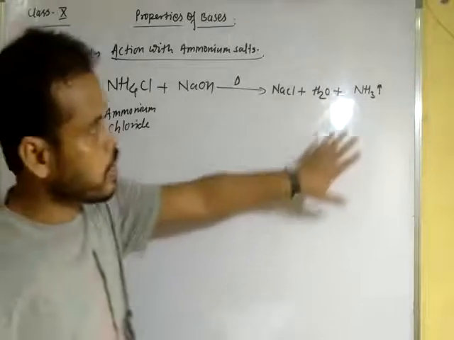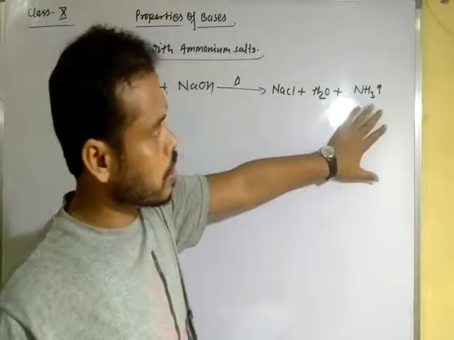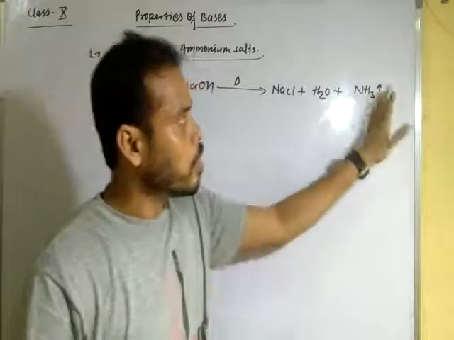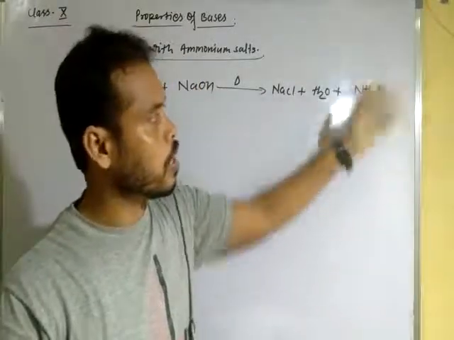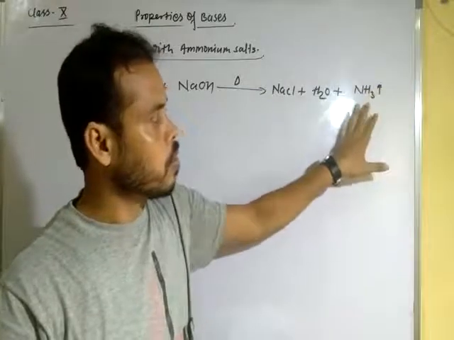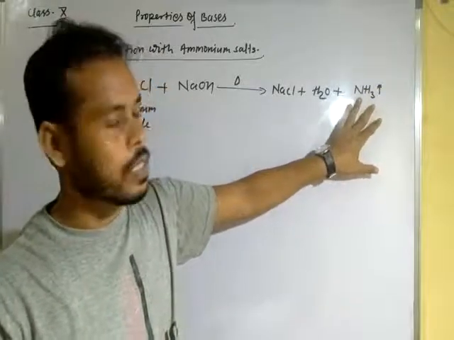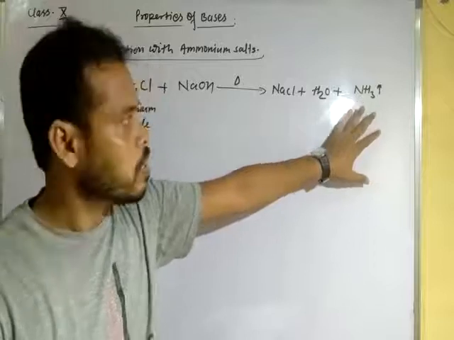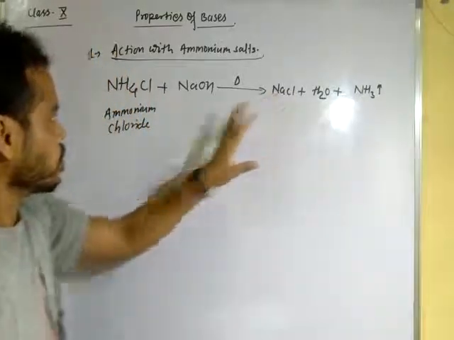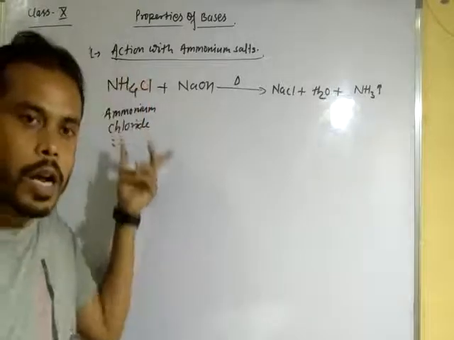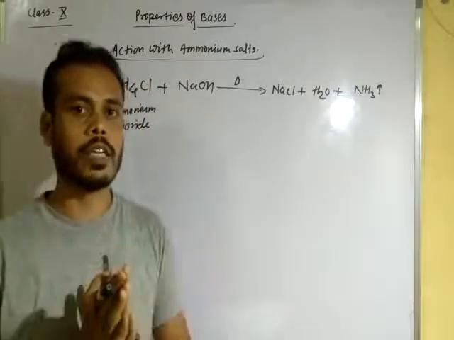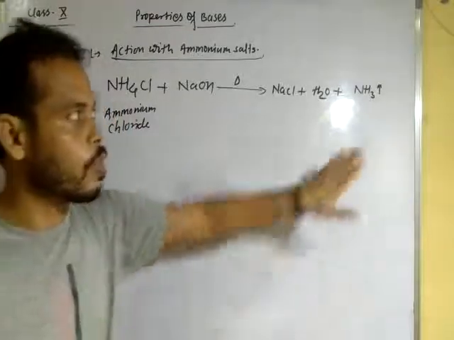Ammonia is in gaseous state, so the upward direction of the arrow represents that ammonia is in gaseous state. Clear, dear student? So keep in mind, when an ammonium salt is heated with a base, it always liberates ammonia.